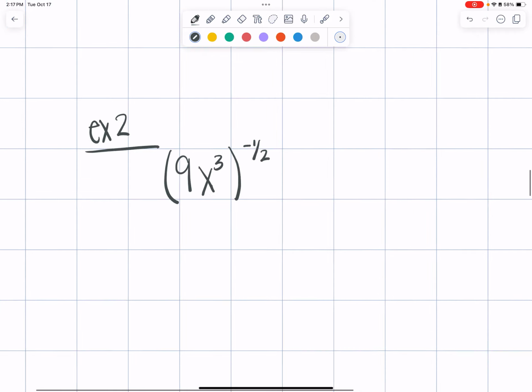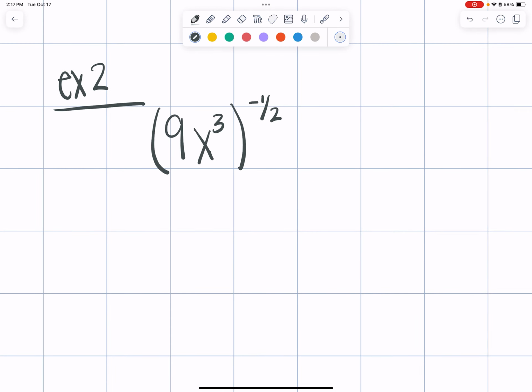All right, example 2. Parenthesis 9x to the 3rd, close that parentheses to the negative 1/2 power. So this one is different because now I have two things inside the parentheses. I have a 9 and an x to the 3rd. So I need to use my power of a product because this is a power to a product, 9 times x to the 3rd.